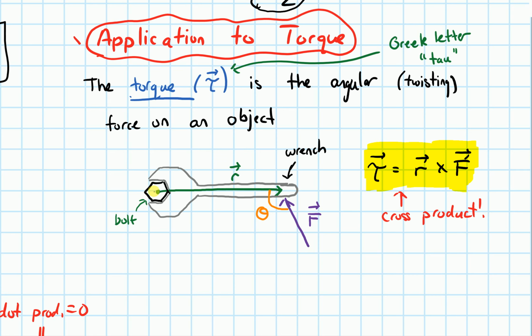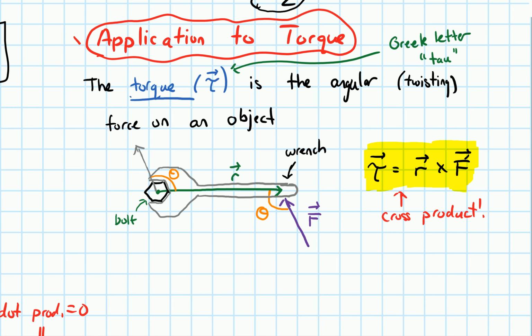So if we were to move that vector and put it here, with the same length and same direction, this is actually the same angle. This is theta as well. So theta is the angle between these two vectors if we were to line them up in the conventional way.